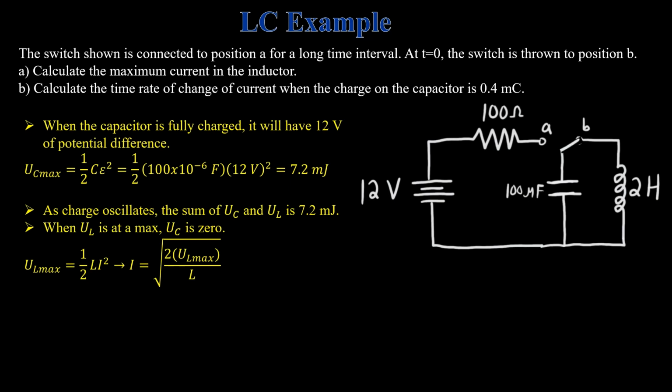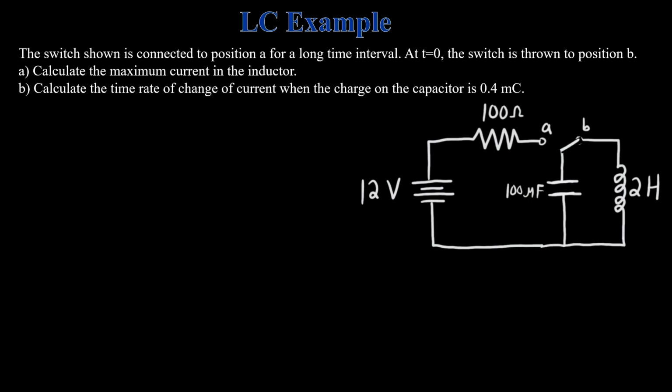Now we just solve for I. I is the square root of 2 times the maximum energy over L. Now we can plug in numbers. Again, the maximum energy in the inductor is equal to the maximum energy in the capacitor. Those maximum energies obviously occur at different times, but they have the same maximum value. Plugging in numbers, you get that the maximum current is 0.08 amps.